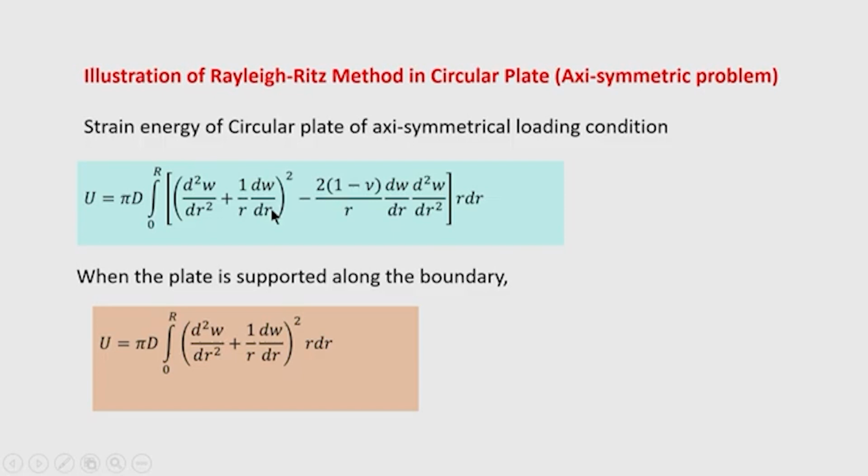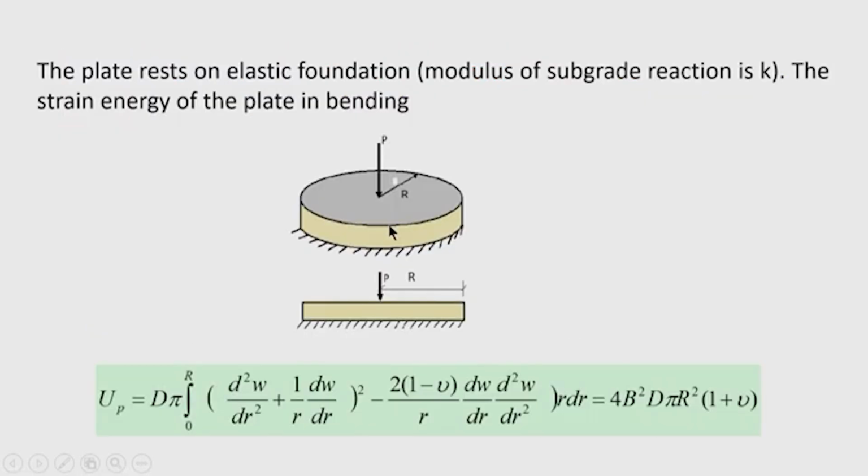So, we have to go to the first one. So, the first expression will be used to compute the strain energy of the plate. Okay. So, taking this expression, the strain energy is calculated for the plate and it is found as 4 b square D pi r square into 1 plus mu.